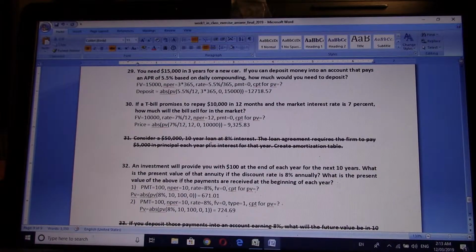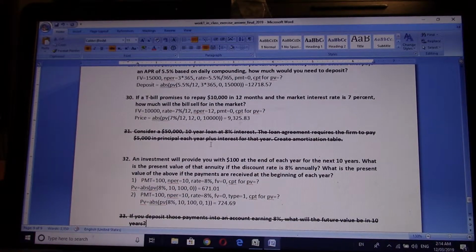Let's just assume this is monthly compounding. So 7% divided by 12 would be your monthly interest rate. So NPER would be the whole year, 12 months. So how much do you pay for that? The future value should be $10,000. You compute for PV. So this is the answer.